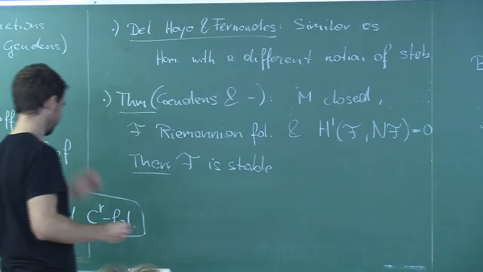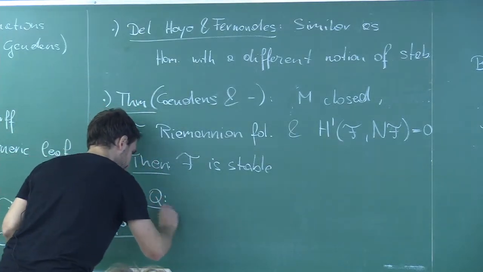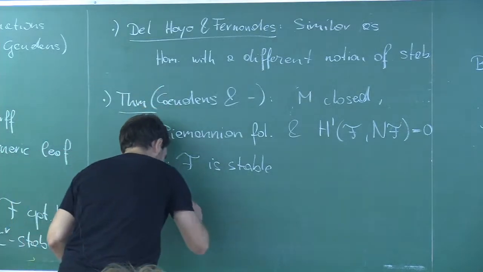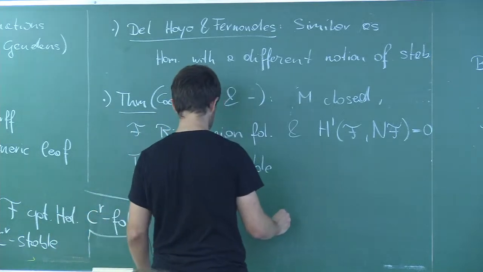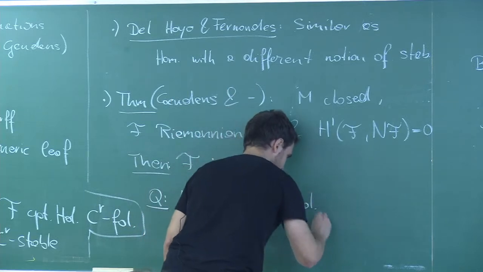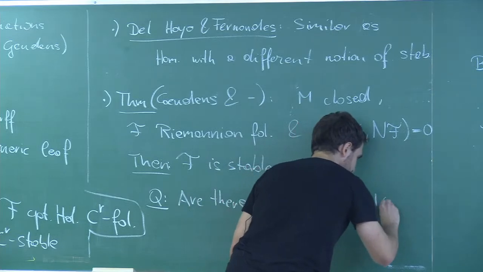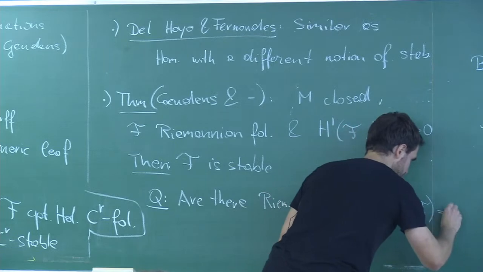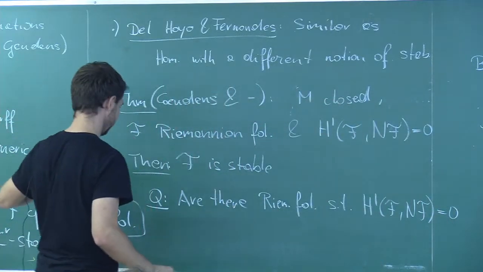So the question we actually raise is, are there Riemannian foliations such that they are infinitesimally stable and F is 0, but they are not of this form?